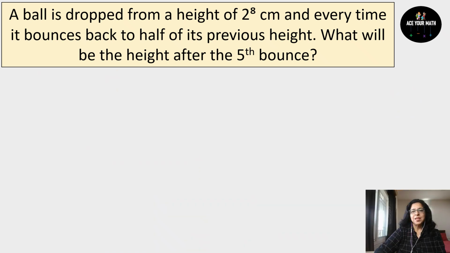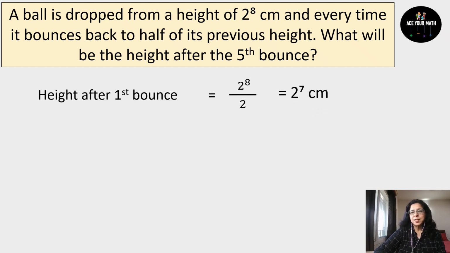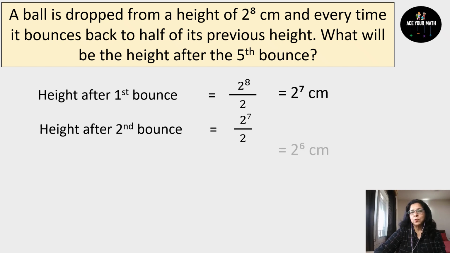Now we'll see the previous sum again and how you will do it step by step. The initial height is 2 raised to the power 8. After the first bounce, it will be 2 raised to the power 7 because you divide by 2. The height after the second bounce: you again divide the previous height by 2 and that gives 2 raised to the power 6.